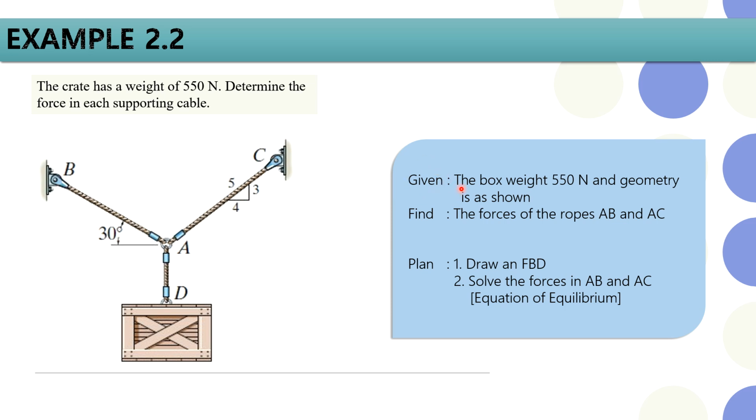What is given is the box weight of around 550 newtons and the geometry as shown here. What you need to find is the forces of the ropes at the center point A, in AB and AC. Again, your plan will be step 1, draw the FBD at point A as your center point, and step 2, solve using equations of equilibrium.